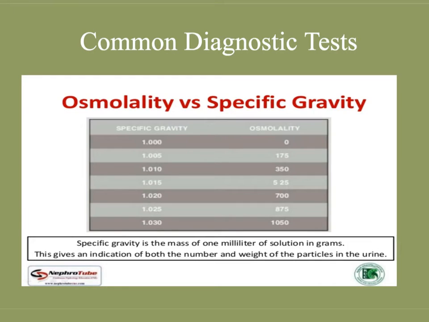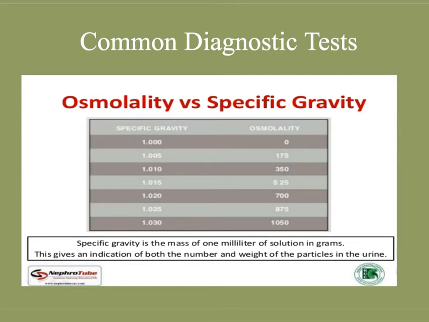Other tests that might be utilized in order to determine the capability of the kidneys and the urinary tract are osmolarity and specific gravity. Osmolarity is referring to the amount of solutes in a solution, so it's the concentration of particles in a solution. Specific gravity is used to measure the ability of the kidneys to concentrate urine.